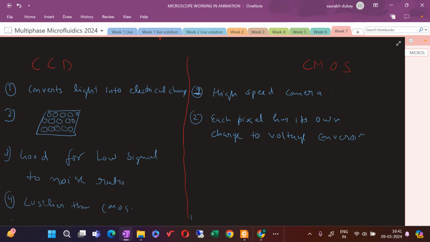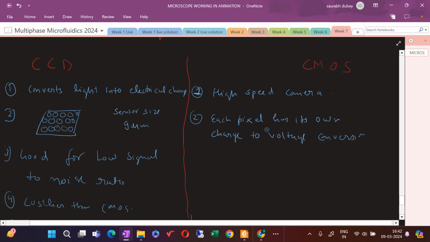Let us look at this. In the CCD, the sensor size is 9 micron, but in the CMOS, it is around 20 micron.